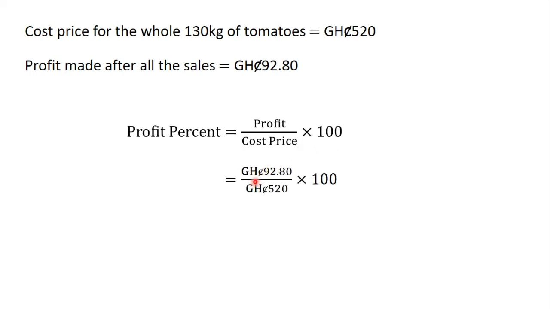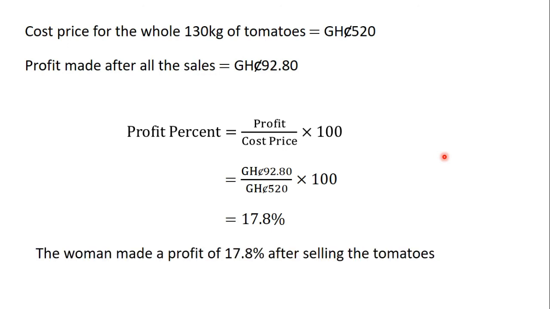So this is going to give us the profit, which is 92 Ghana cedis, 80 pesos, divided by the cost price, which is 520 Ghana cedis, times 100. And this will give us 17.8%. So the woman made a profit of 17.8% after selling all the tomatoes.